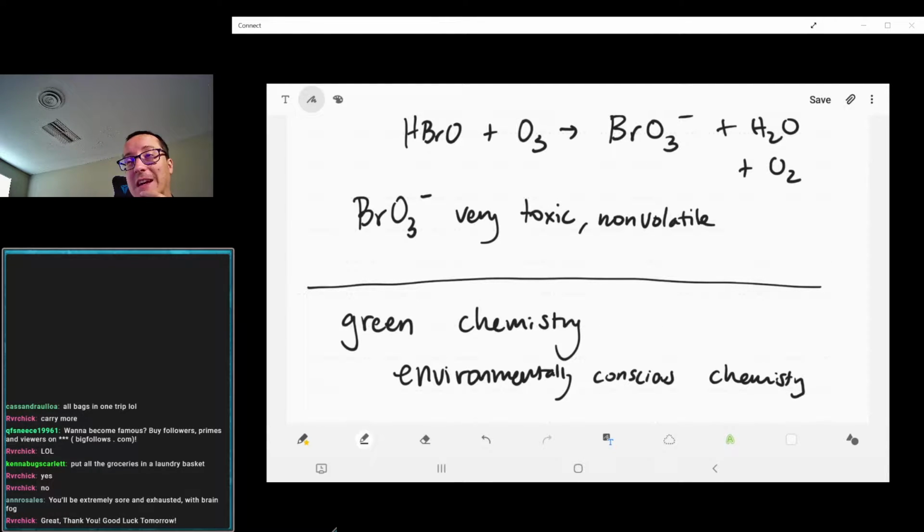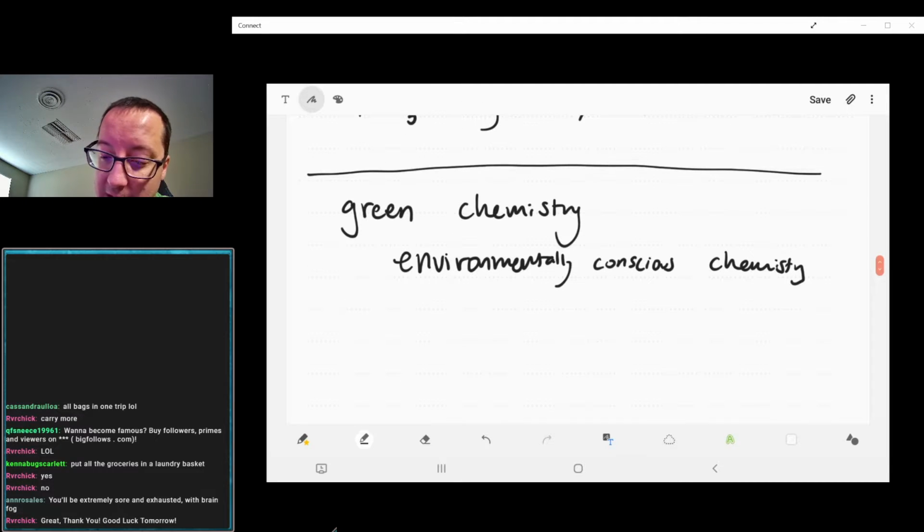The more we can make them greener, the less they impact the environment in a negative way. It's really just a set of principles, and our book outlines 12 of them. By no means should you memorize these. I don't know them all, so I'll be copying them out of our book here.